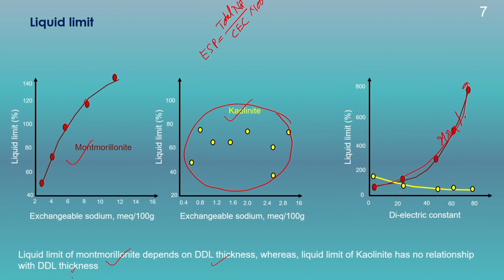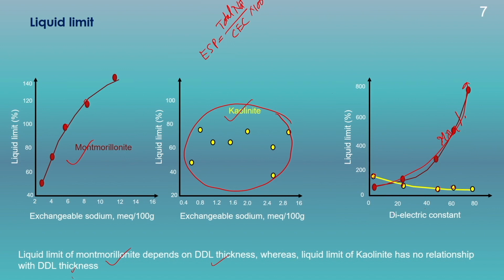Here we need to understand that the liquid limit of kaolinite is controlled by its fabric. Mostly kaolinite will exhibit a flocculated fabric, and therefore it can store a large amount of water in between the pore space. As the dielectric constant of the liquid increases, the flocculated fabric will get disturbed.